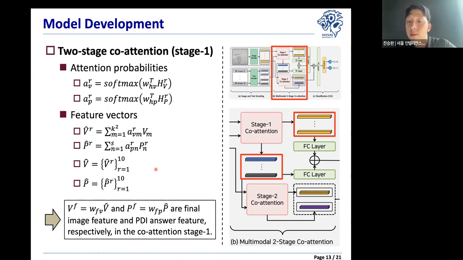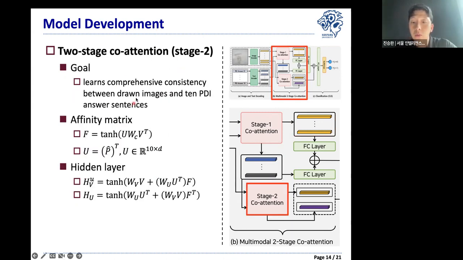attention probabilities. The goal of our stage 2 co-attention is to learn comprehensive consistency between drone images and 10 PDI answer sentences. To do this, we construct an affinity matrix similar to stage 1 co-attention. To construct this affinity matrix, the encoded feature vectors which are obtained from the co-attention stage 1 are used.